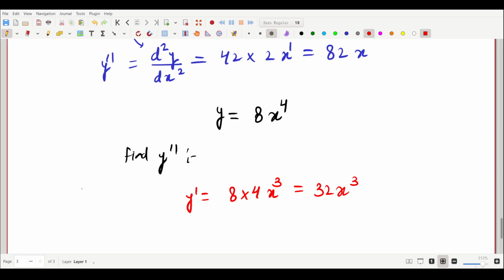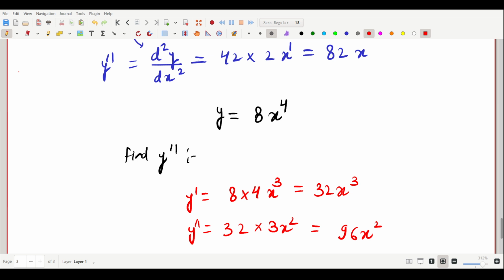Now double differential is asked, so y double dash, again the same formula: 32 times 3 x square, and the final answer is 96x square. This is how we find the double differential.